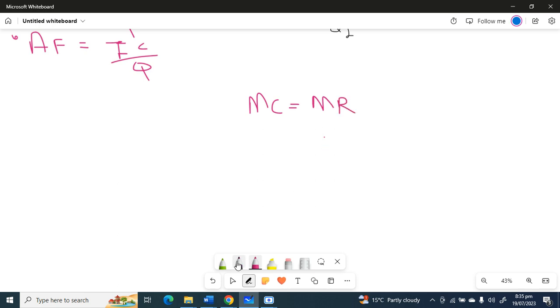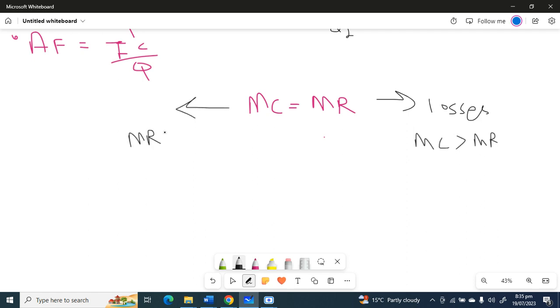So this is the point of profit maximization. If you go beyond this point, you're going to start making losses, because beyond this point marginal cost is going to be greater than marginal revenue. If you produce any more units, it will cost you more to produce them than the revenue you get for selling that unit.